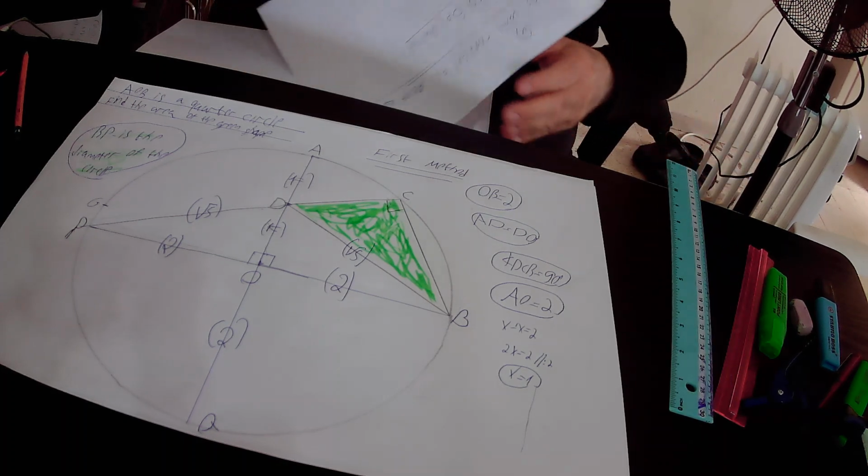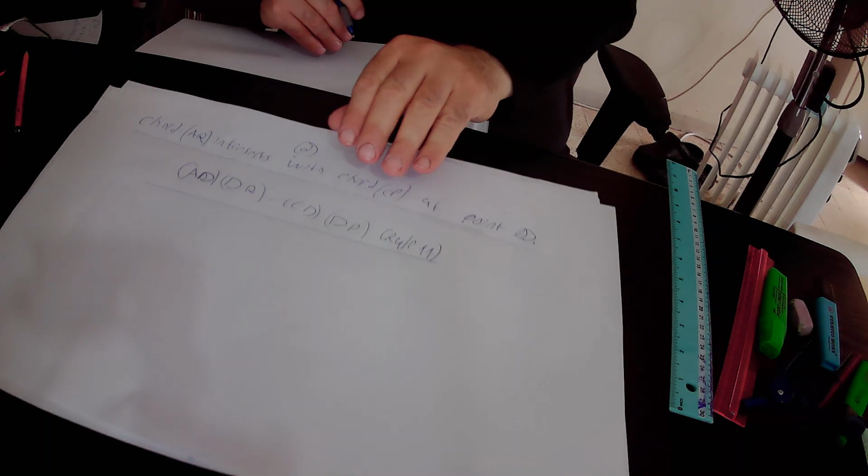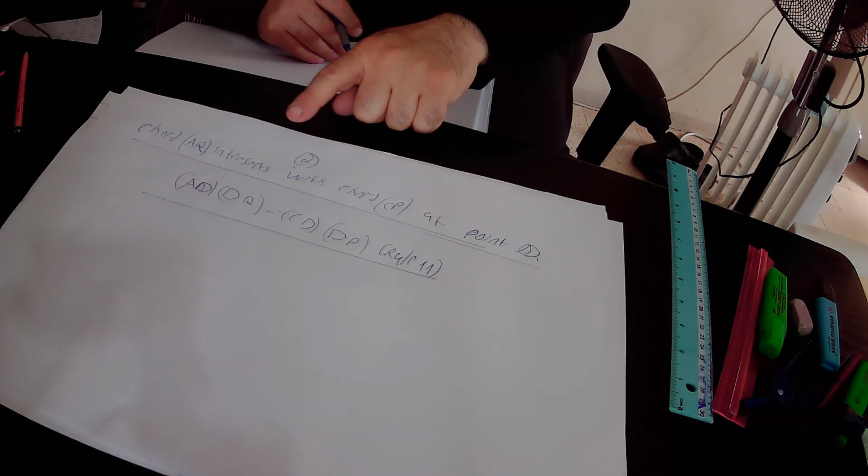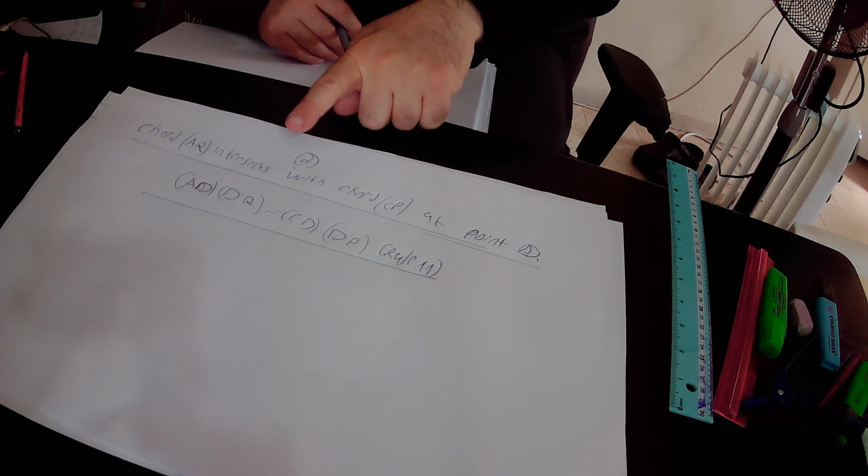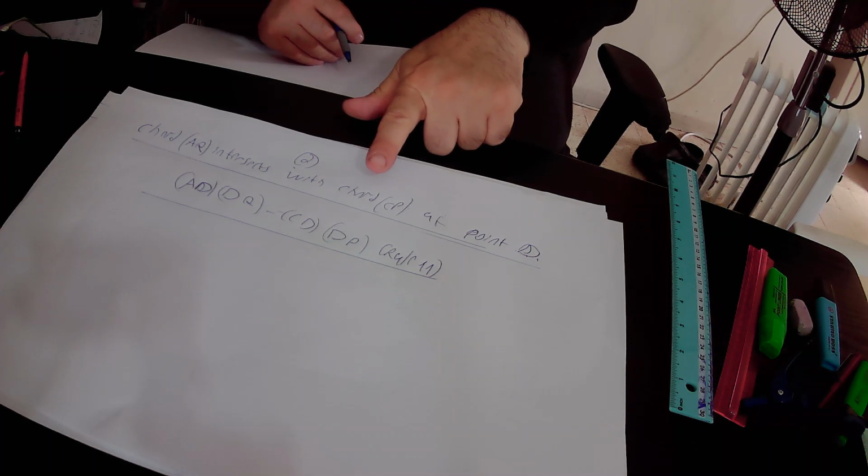And again, according to rule 11, we get that the following equation is true, that AD times DQ equals to CD times DP.